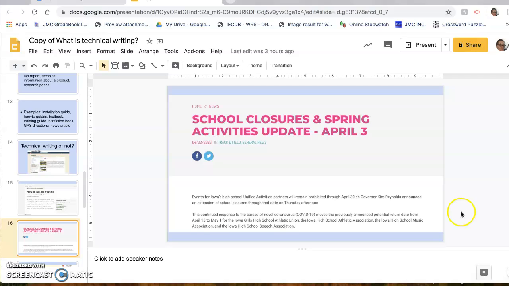Its purpose is to inform us about what's going on with spring sports in Iowa. It's written for a specific audience, people who are in these sports and their parents and coaches and fans. It relies on facts and requires knowledge and research, not just made up items. And it doesn't include the opinions of the writer.